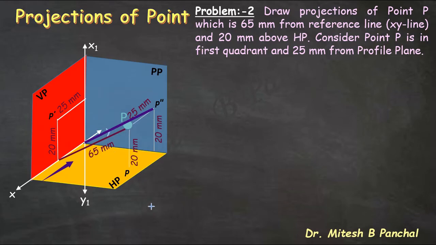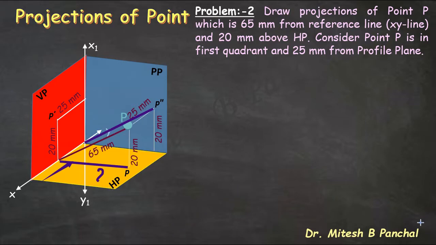The position of point P from VP is unknown. So this dimension, which we need to find out, has to be found from the projection.